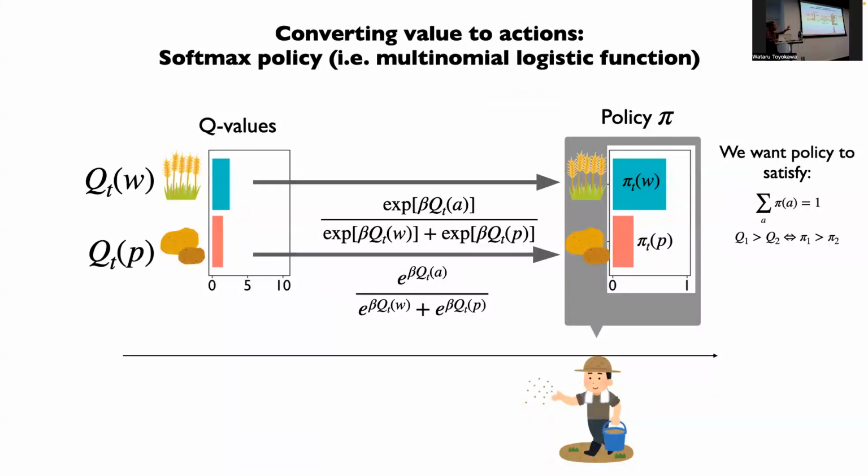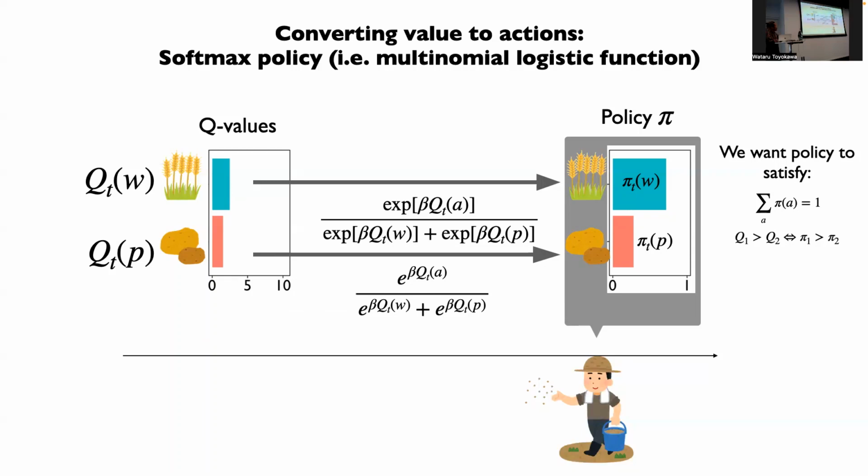This is called a softmax policy, or softmax strategy. Again, I'm showing two different forms, but they are actually the same. It is the exponent e to the power of the product of beta and the Q value, where Q is the belief.